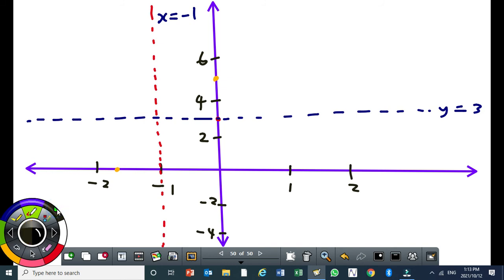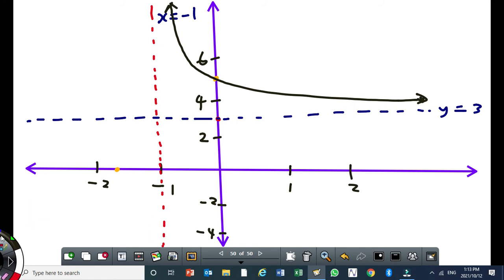So now I can draw. If I draw it, it should look like this. Okay? Then in the third quadrant, it should be something like that. Okay, so that's the graph.